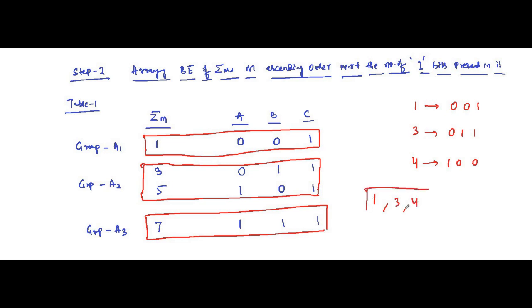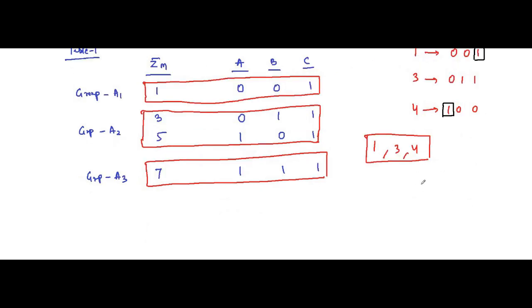But if we arrange them depending on the number of 1 bits, then in 1 there is a single 1 bit, and in 4 also there is a single 1 bit. So 1 and 4 will come in one group, 0 0 1 and 1 0 0, and 3 will come in another group because it has two 1 bits.